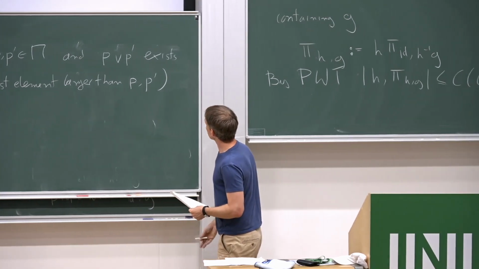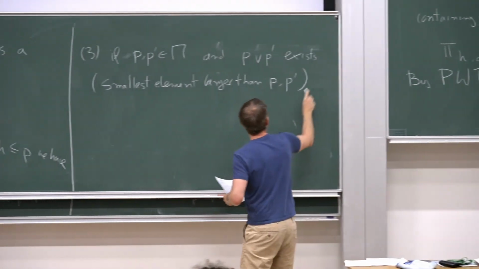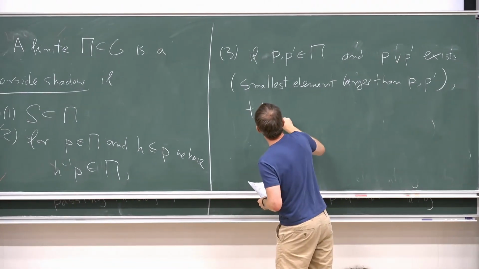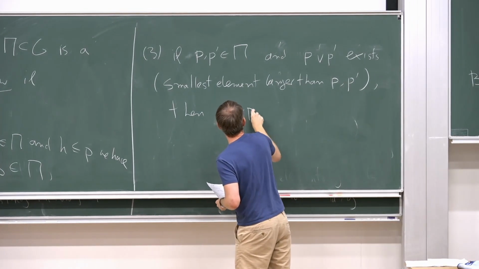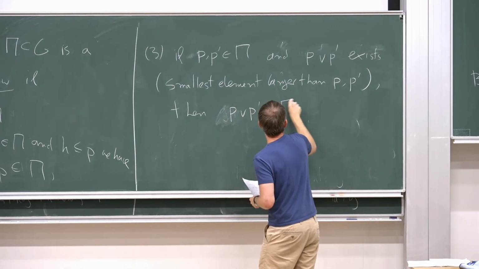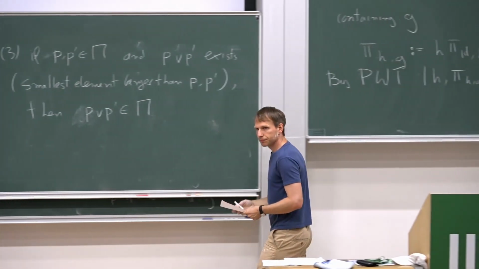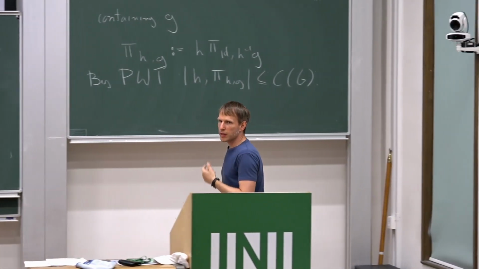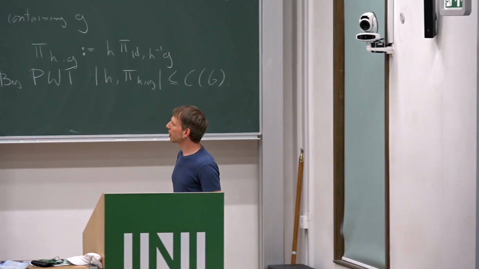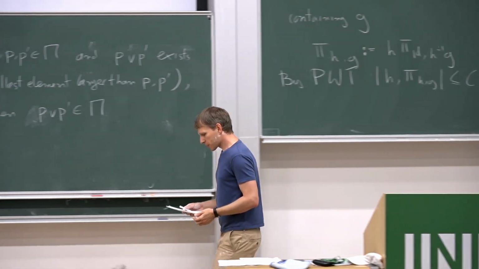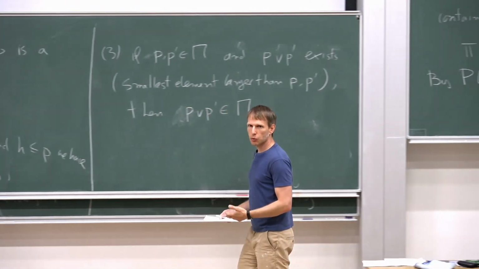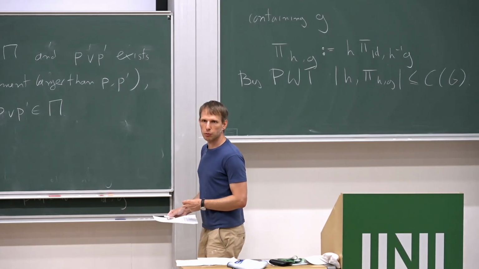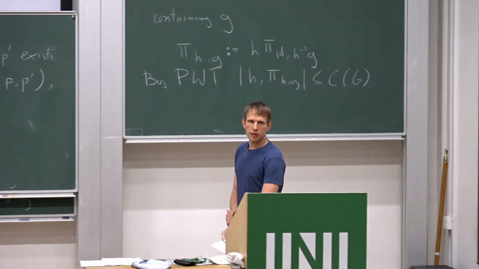It might not exist, but if it exists, then we demand that the join of P and P prime also belongs to the shadow. And we will spend some time now trying to argue why these axioms are good, why they also allow us to define some good path system in the group. Any questions?